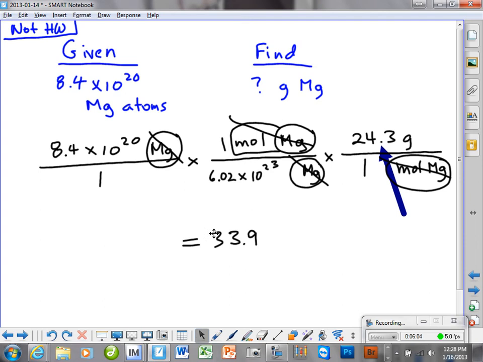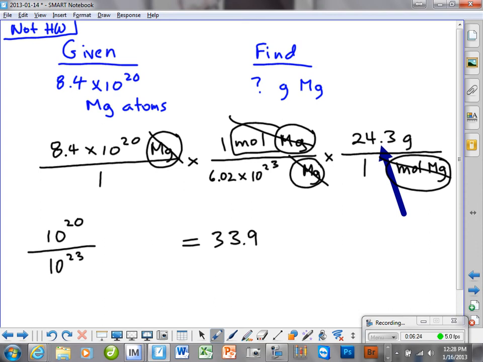Now the next thing we're going to need to do is look at the powers of 10. The powers of 10 are 10 to the 20th divided by, whoops, not 6.02, but 10 to the 23rd.